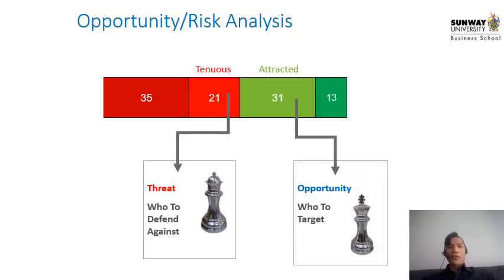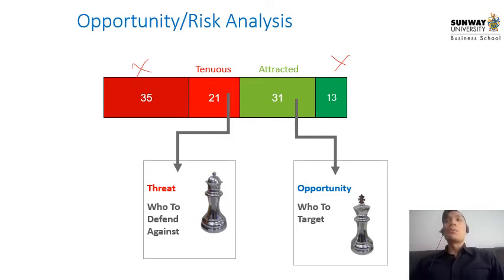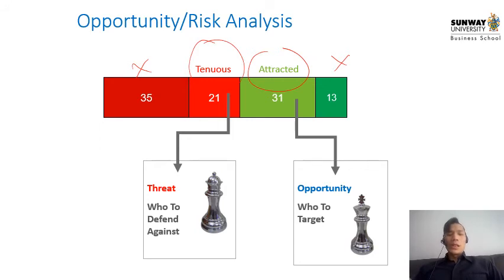Going forward, what we are trying to do is to not worry about those people who are non-considerers, nor those people who are already strong supporters, because you know that these are the people that are already going to be with you. Okay, so the two groups that we need to put more effort into are actually the attracted and the tenuous. Now, why the attracted? Because these people, the attracted people, are already attracted to your brand.